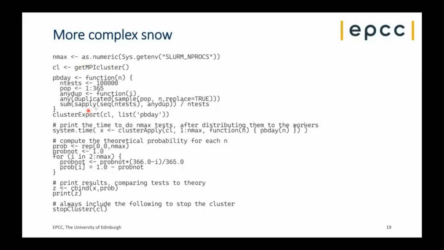We can create a cluster, write a function which will do some work on that cluster, export some data across that cluster, and then we can do this cluster apply using the cluster environment, the size of the number of workers we want, and the function we want to operate on, do some work, get the data back, and stop the cluster as well.